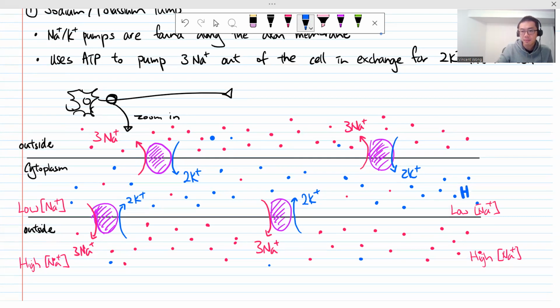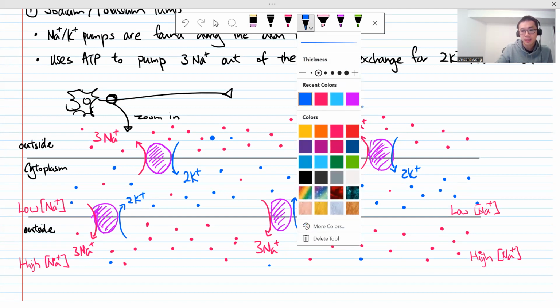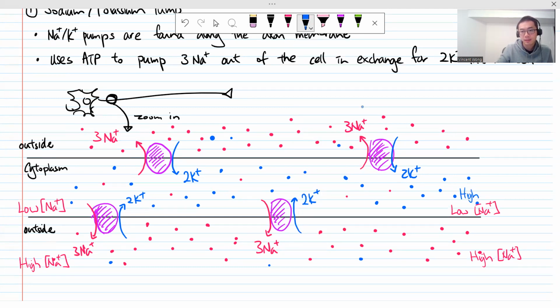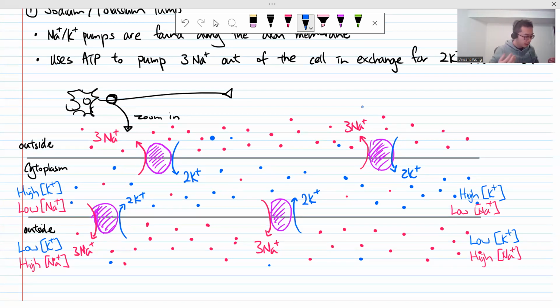As for potassium, it is going to be high on the inside, but low on the outside. So copy what you can, and ask.